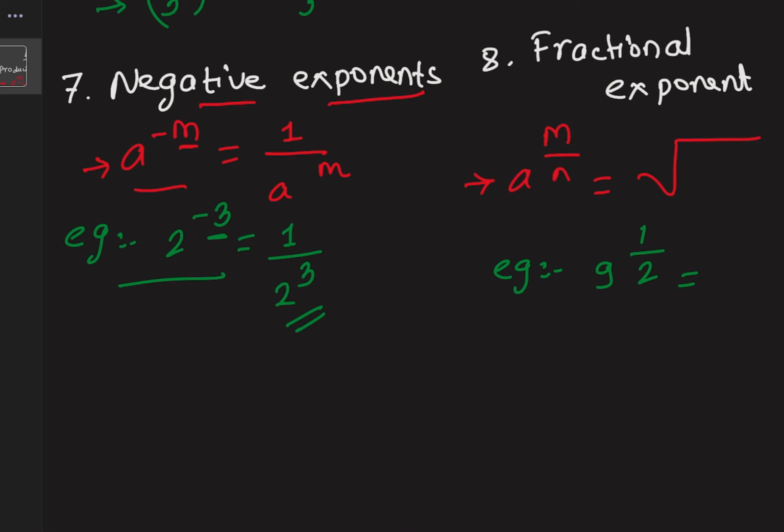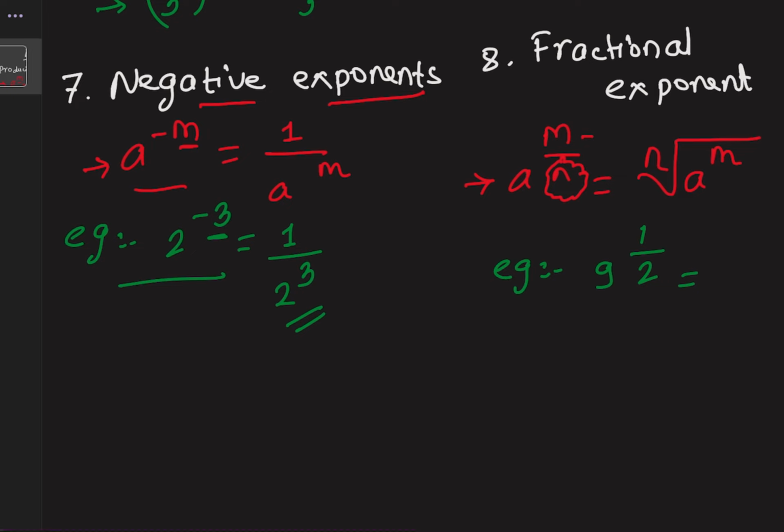We have two parts in a fraction: one is the numerator and the other is the denominator. The denominator of a fraction represents the root and the numerator represents a power.